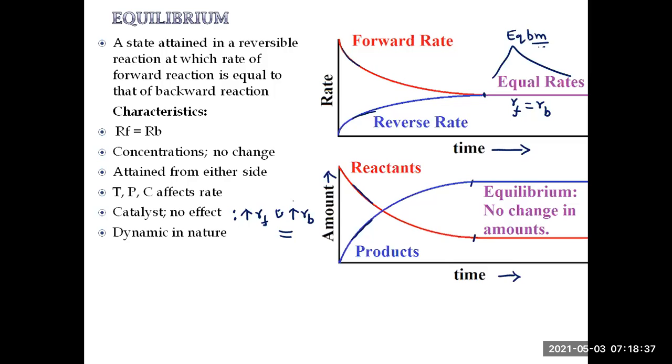So a reaction at equilibrium appears to have stopped, but both forward and backward reactions proceed with equal velocity. So it may appear to be static, but it is basically dynamic. Both forward and backward reactions will be taking place with equal rates. That's why we say that.